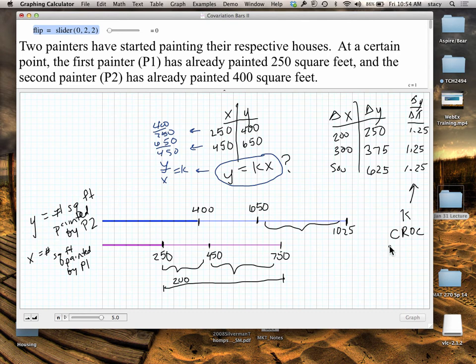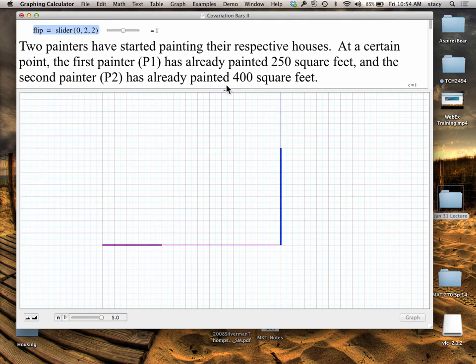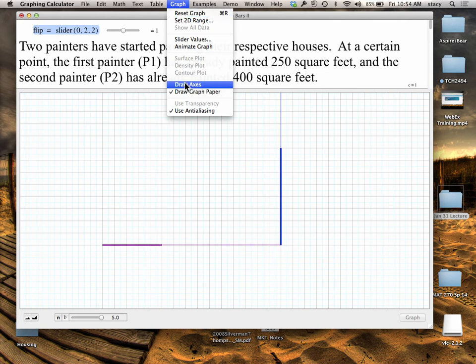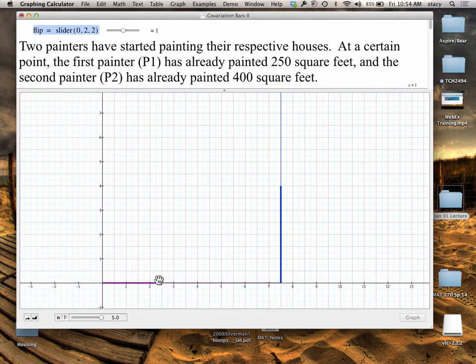Okay. Now, so there's the bar diagram version. Let's take this up a notch. So if I flip the blue bar so that it meets the end of the purple bar, then I can actually keep track.